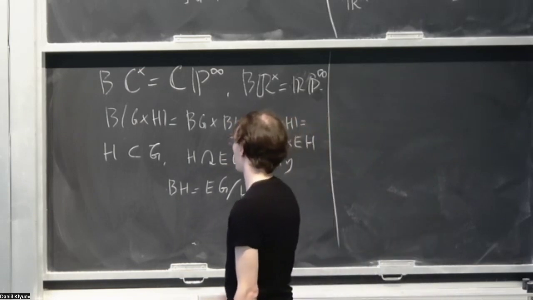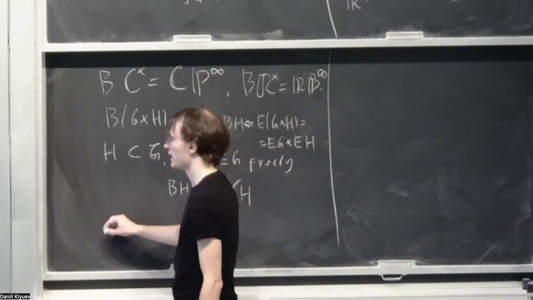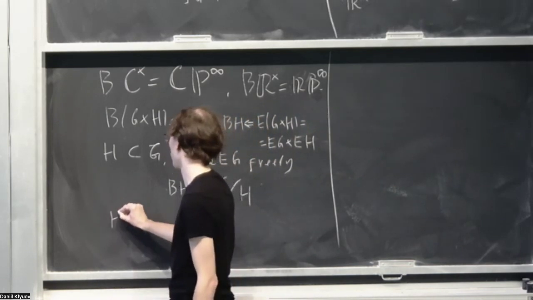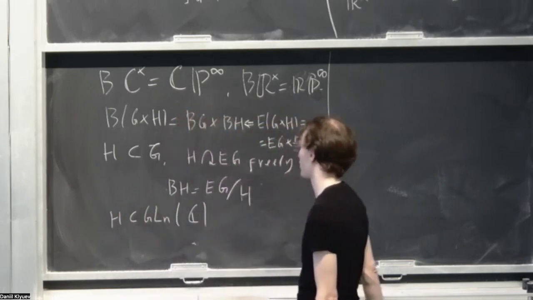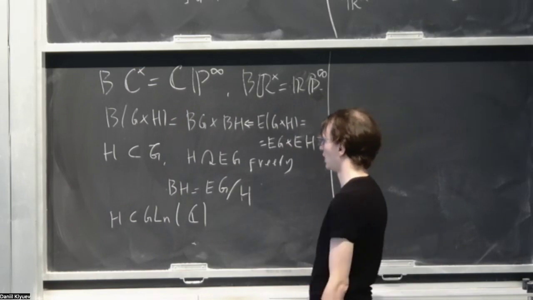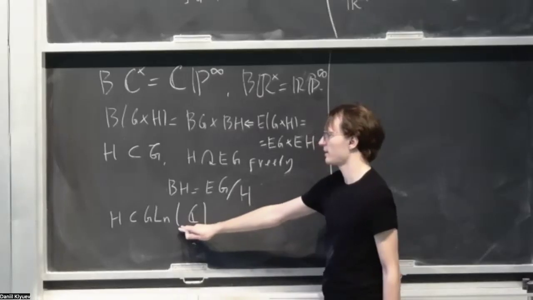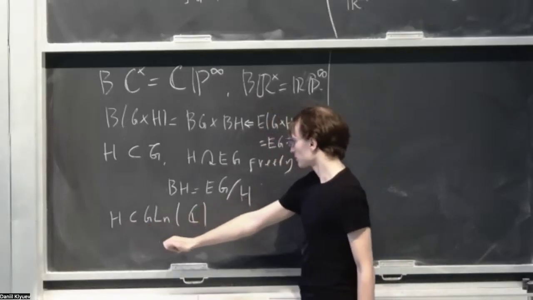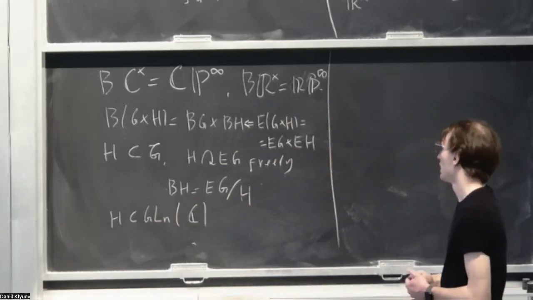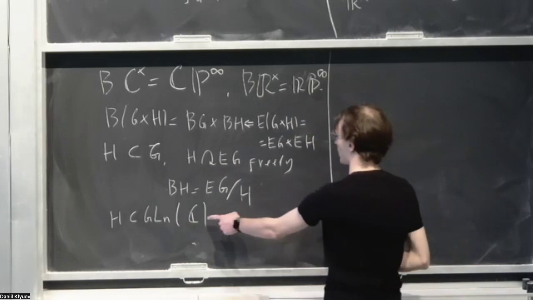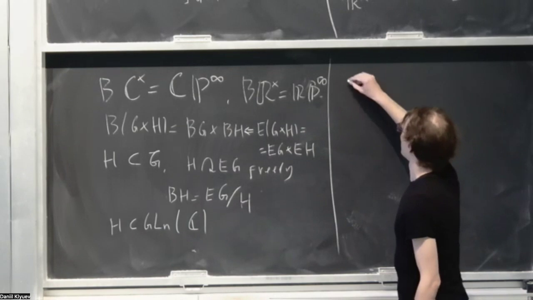So if you know any algebraic group is a subgroup of GL_n(C), so if you found this space for GL_n(C), then you can use it for any of its closed subgroups. And the answer for GL_n(C) is as follows.